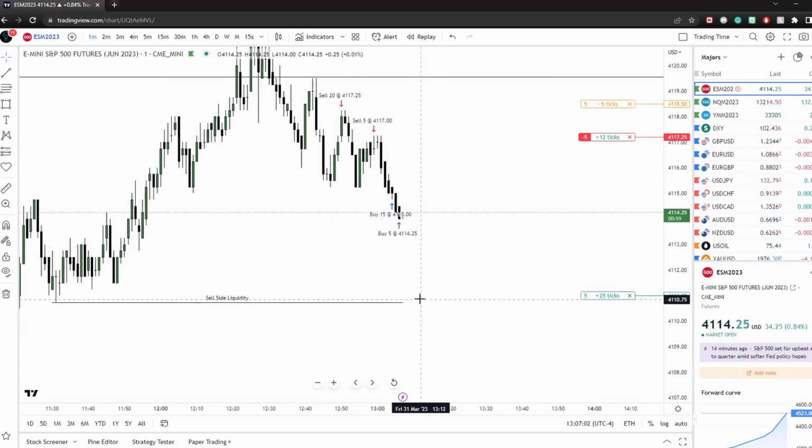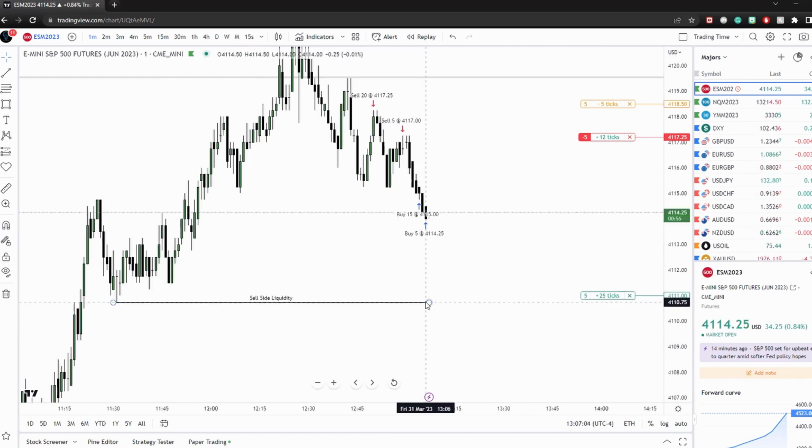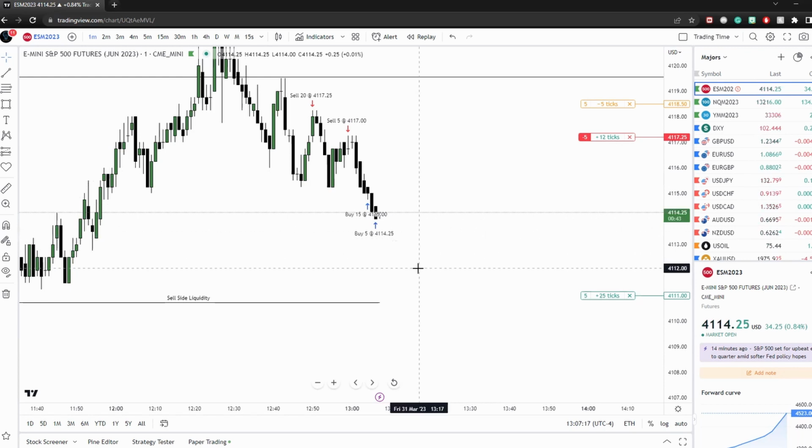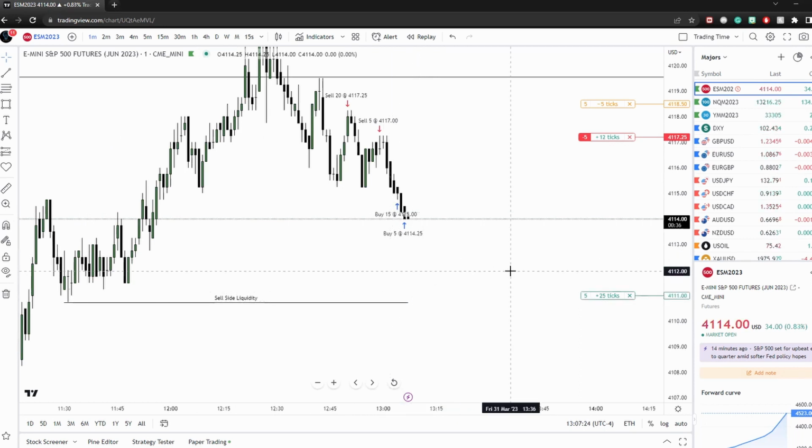Push it lower, push it lower. $414. So $417, $414. Yeah. Want to see this next level here, and then maybe down here, maybe. So we'll be watching that for now. Like I said, it is already Friday, so I'm not gonna try and push too hard with these trades.